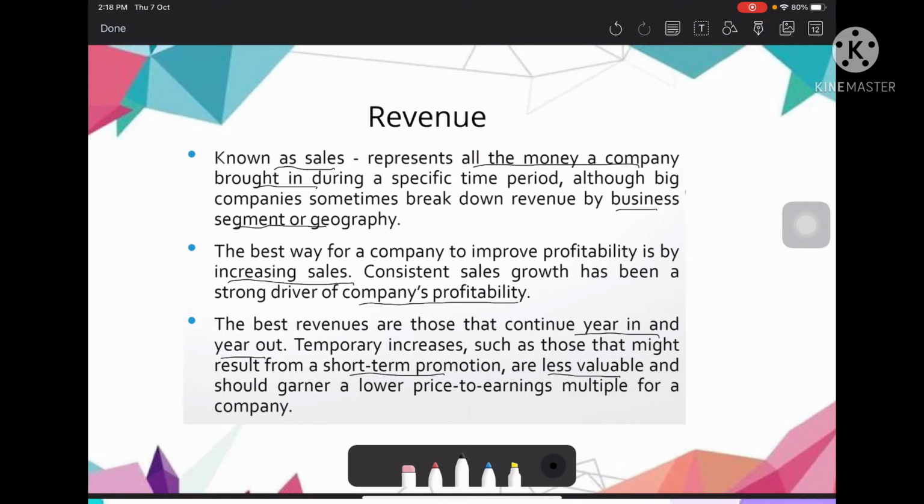So what he wants to say here is, the best one is to increase sales all over the year, not only because of the promotional effect or the seasonal effect, where the sales increase only for that seasonal period. The best is to maintain or continue revenue year in and year out, meaning all year long.